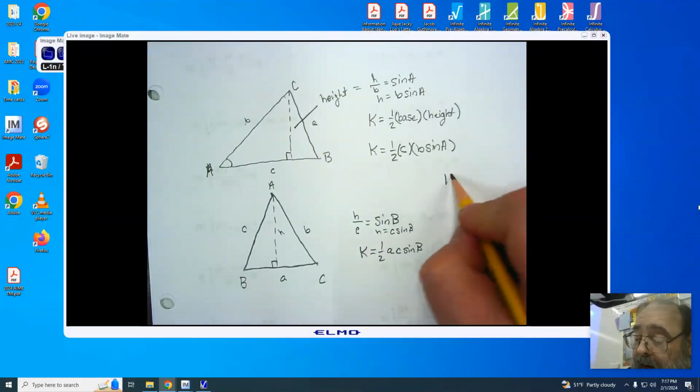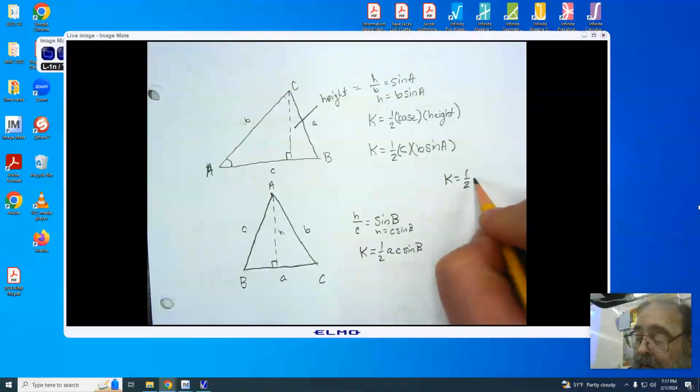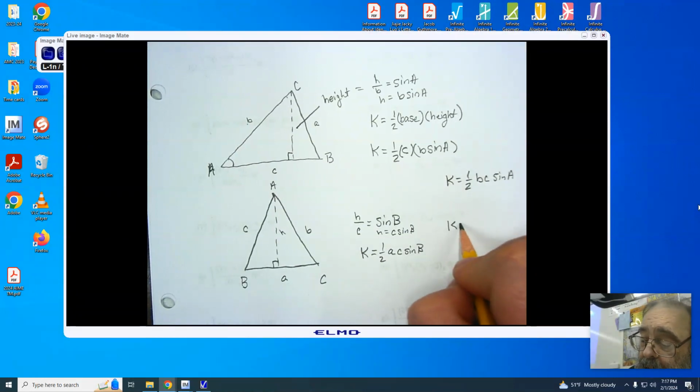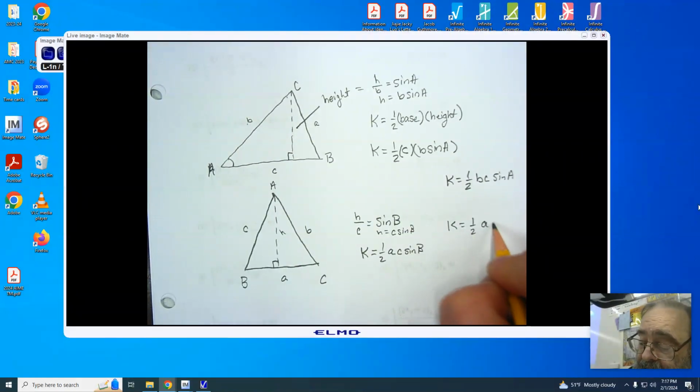Notice the first one, if we rewrite it so that it follows alphabetical order, would be 1/2 BC sine of angle A, and we now have 1/2 AC sine of angle B.